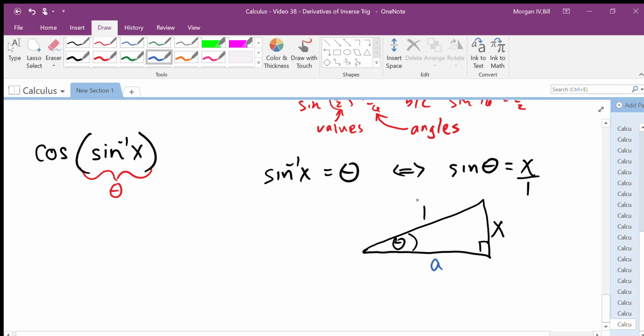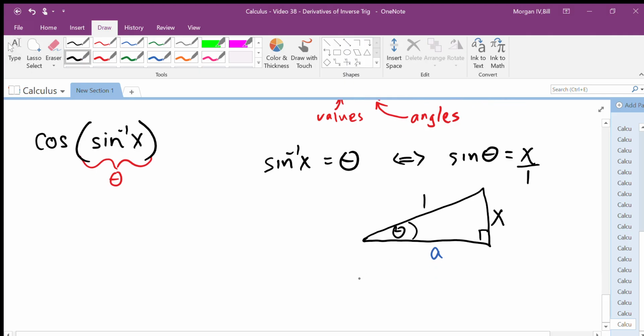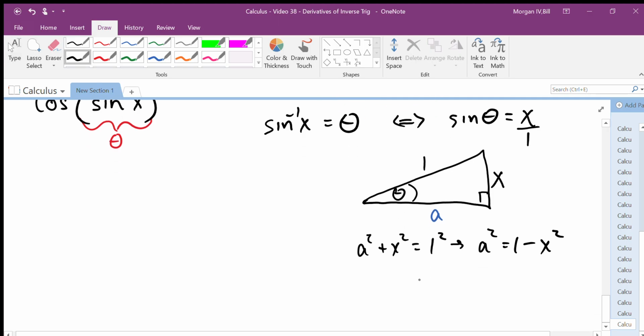Because we have a right triangle, we can use Pythagorean theorem. Pythagorean theorem says that a squared plus x squared equals 1 squared. What I want to do is solve for a. And so solving for a, I get a squared is equal to 1 squared, which is 1, minus x squared. And then I'll take the square root to solve for a.